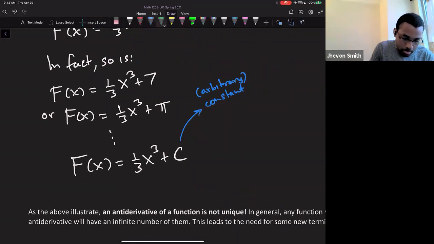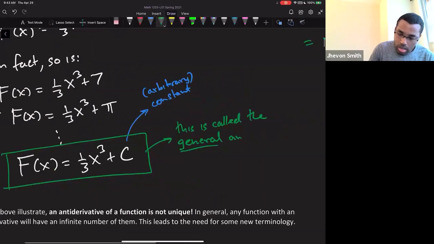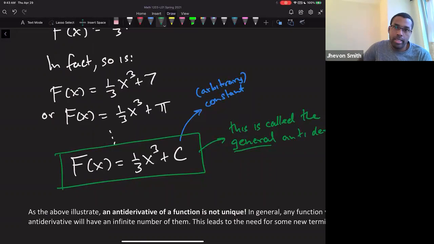This guy here, therefore, is called the general antiderivative, because it's the most general form of the antiderivative.